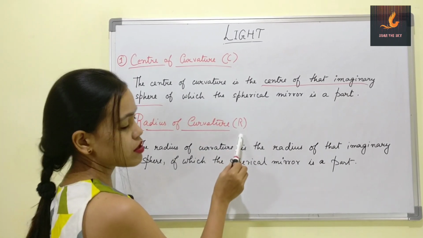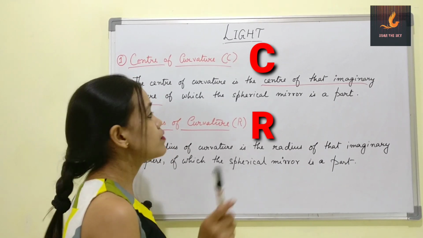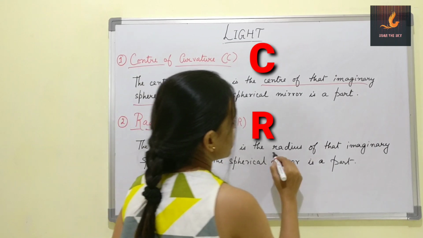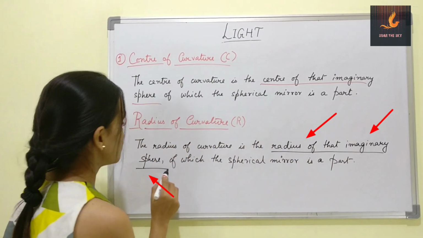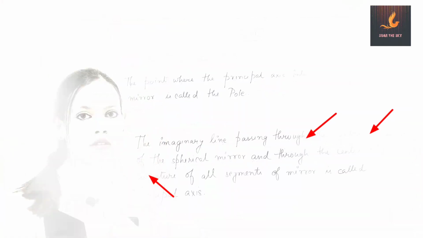Radius of curvature is denoted by capital R, whereas center of curvature is always denoted by capital C. So here, the radius of that imaginary sphere of which the spherical mirror is a part.